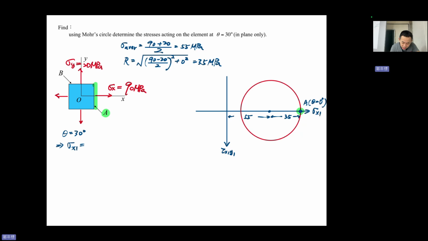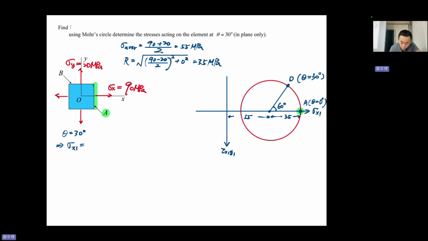You rotate x by 30 degrees, right? So in the Mohr's circle space, you need to rotate 60, right? 60, okay? So in this direction, we call it point D, all right? And this is theta equal to 30 degrees, all right?